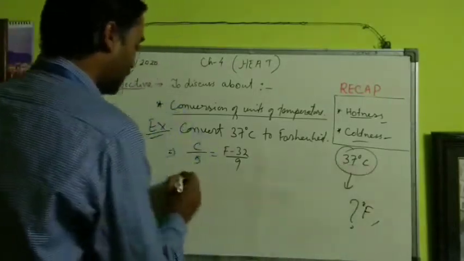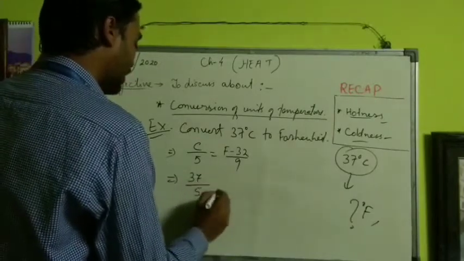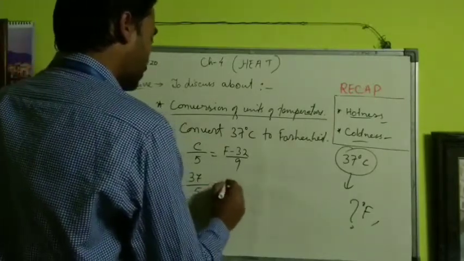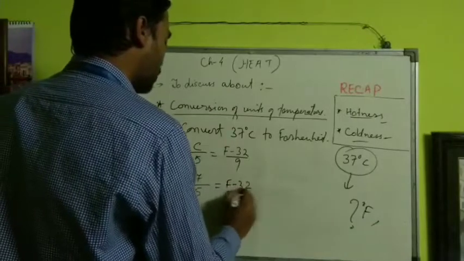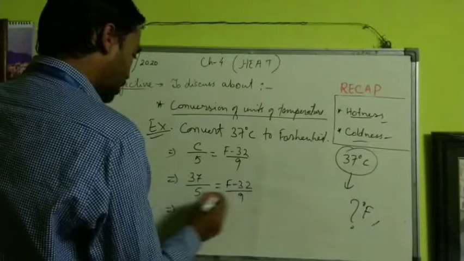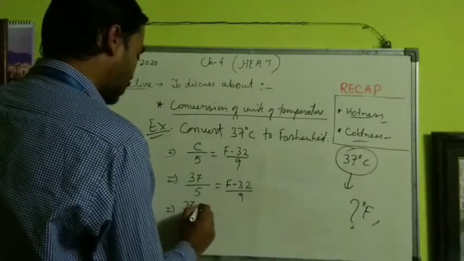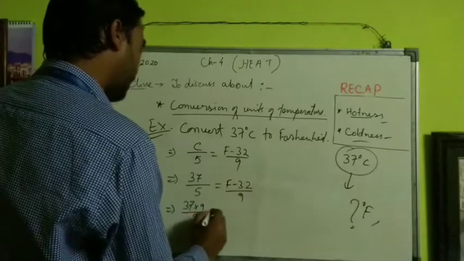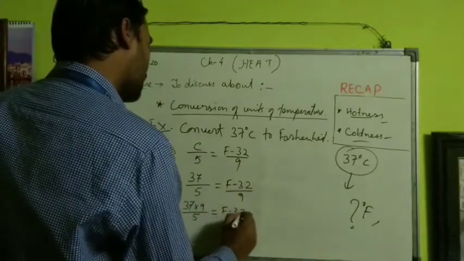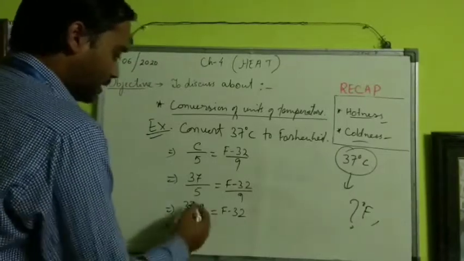It is 37. So here we put 37 by 5 equals F minus 32 by 9. Or if we take this to the left hand side, it becomes 37 into 9 divided by 5 equals F minus 32.